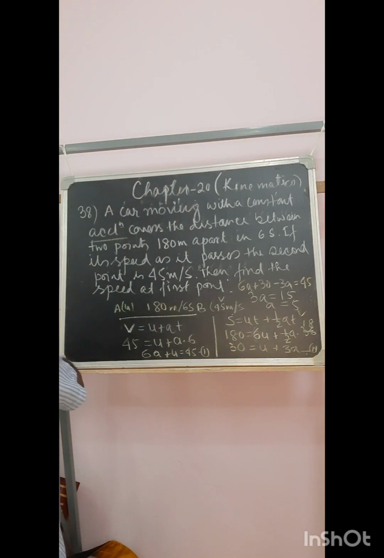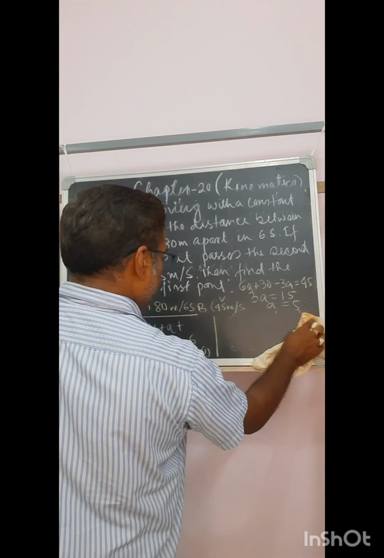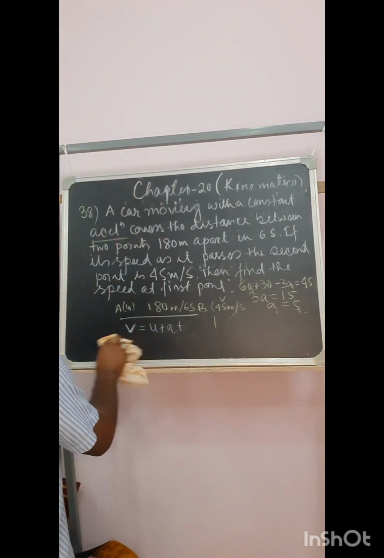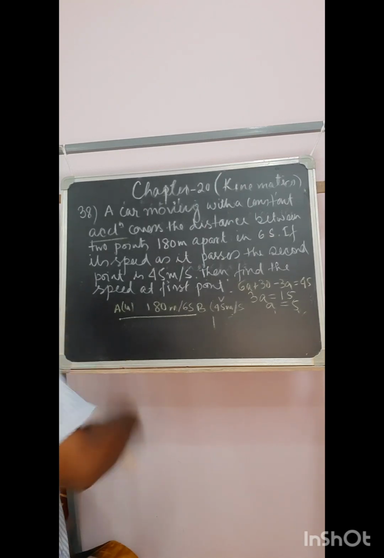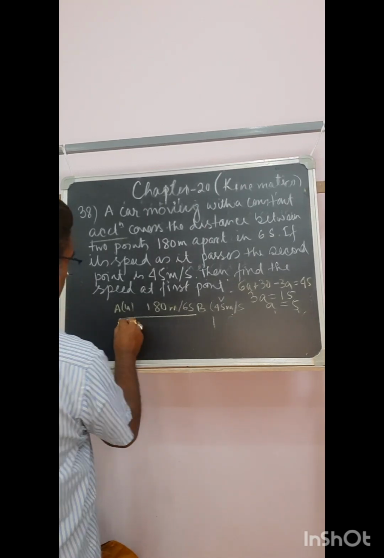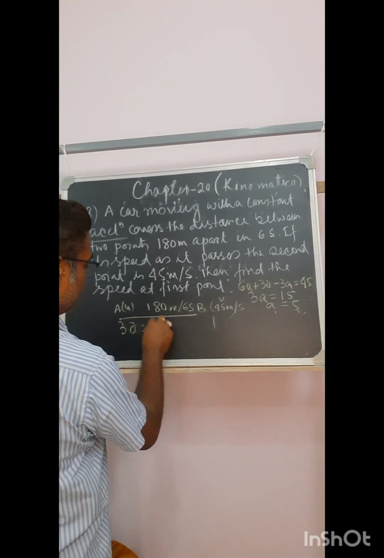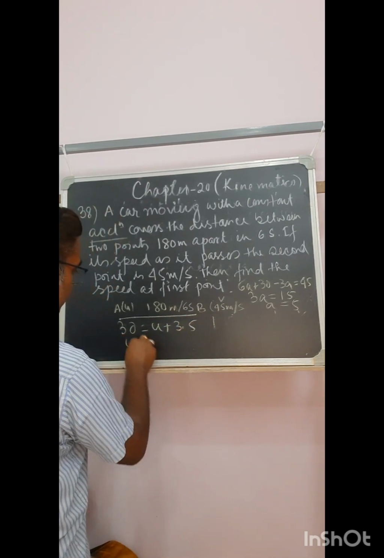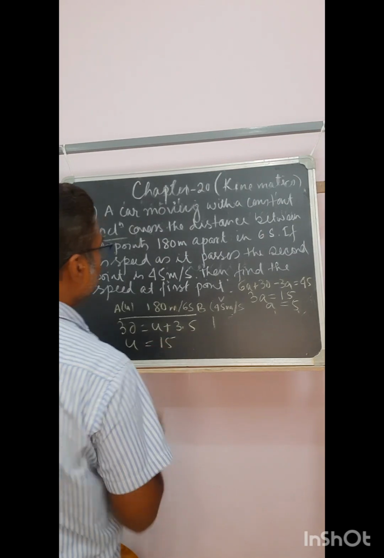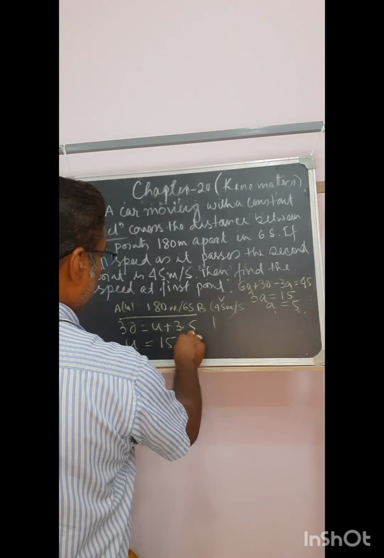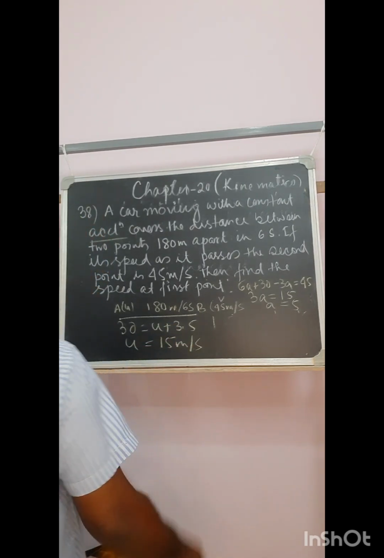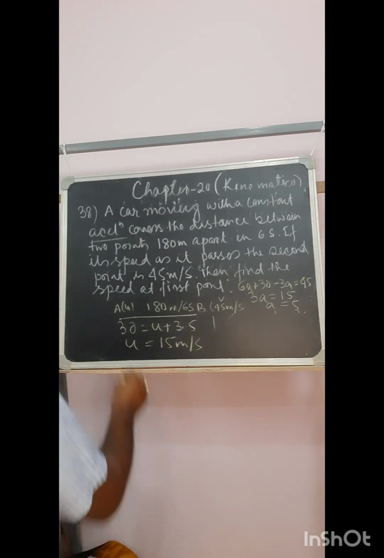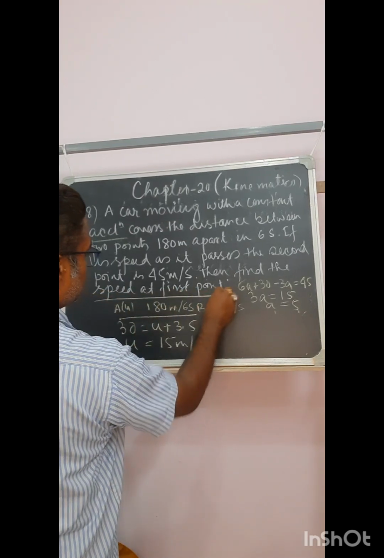Now as you have got a, you can put it in any equation. Here we got 30 is equal to u plus 3 into a, which is 5. So u is equal to 15. That is the requirement. The unit will be meter per second. So this is the requirement of the problem, the speed at the first point.